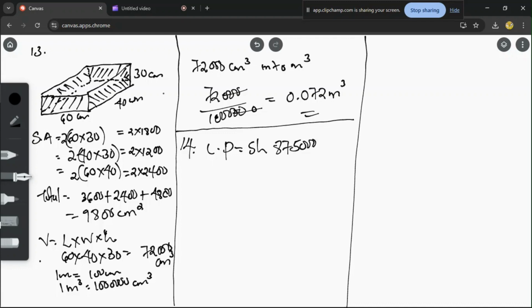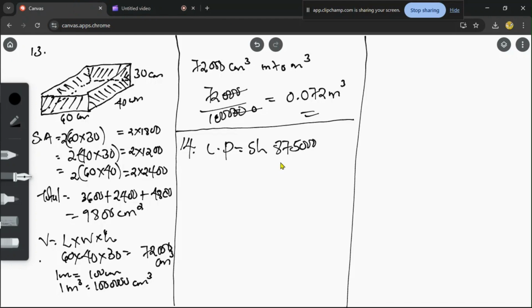Mola bought it on hire purchase terms. The hire purchase price was 100,000 shillings more than the cash price. So if the hire purchase was more by 100,000, it means I will come and add here.